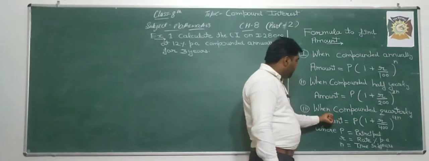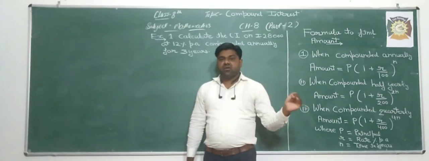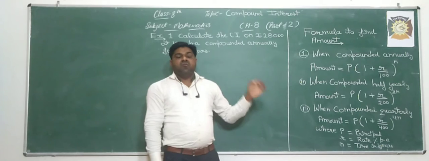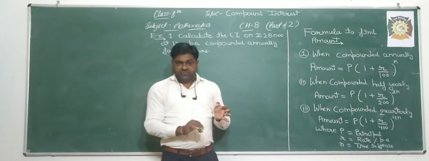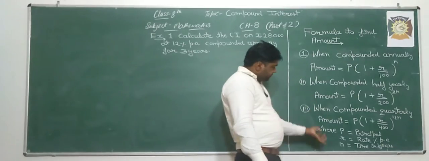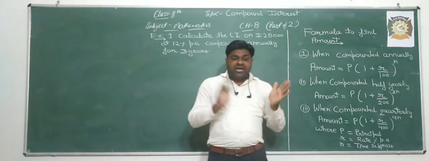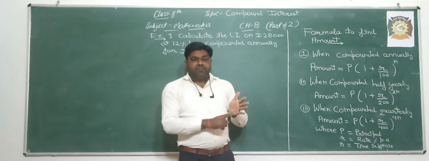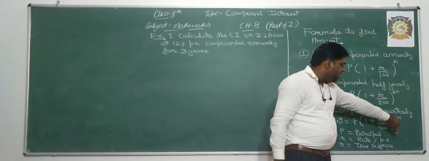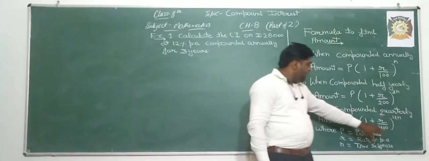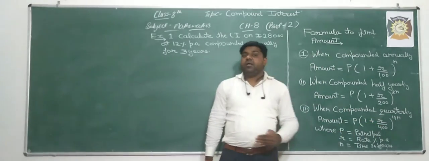And the third case is when the interest is compounded quarterly. What is the meaning of quarter here? This is the 1/4 of the year, or we can say 3 months. Because there are 4 quarters in 1 year, first of all we multiply the time given in years by 4, that's why it is 4n, and divide the rate by 4, because it is also given per annum.